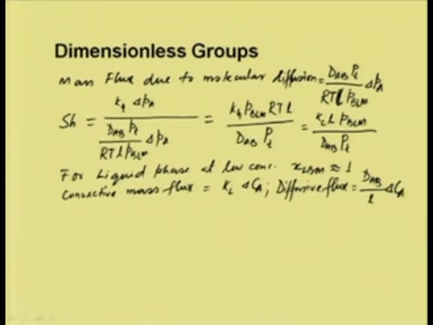So, the Sherwood number in this case is equal to KL delta CA divided by DAB by L into delta CA, which is equal to KL small l divided by DAB.